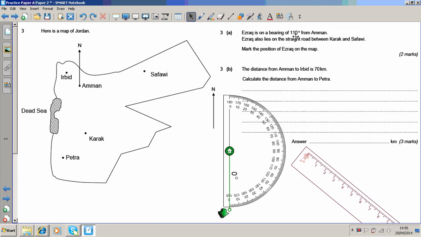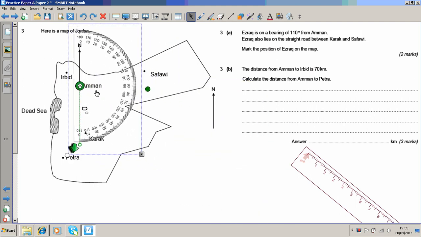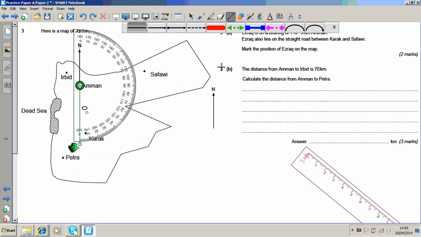Okay, so bearings, you just need to remember you measure from north, which is why north is given. You measure in a clockwise direction, and there's always 3 figures, so 110 degrees. So from Amman, there's my protractor on north, and it is on a bearing of 110 degrees.